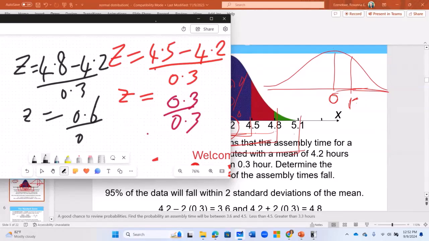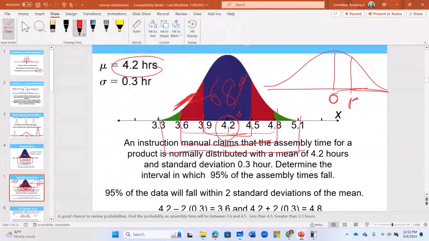When I divide by 0.3, I get 2. This is another way of saying that 4.8 is 2 standard deviations above the mean. All right, so let's take a number on the left-hand side. We already know what this one is going to be, but I have to standardize it.